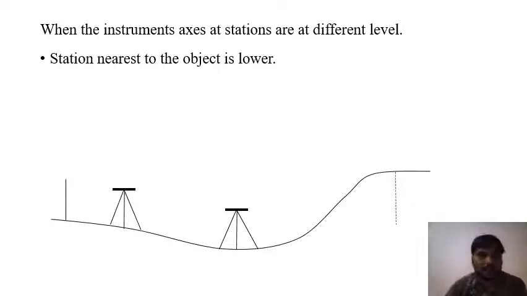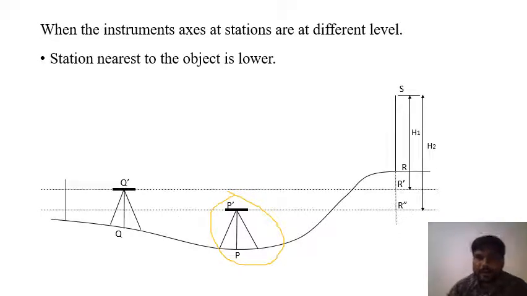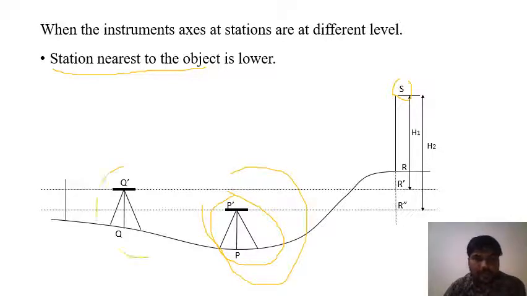Station P1, nearest to the object S, is lower compared to Q1. The height of P is less than Q. So the station nearest to the object is lower. Got it?